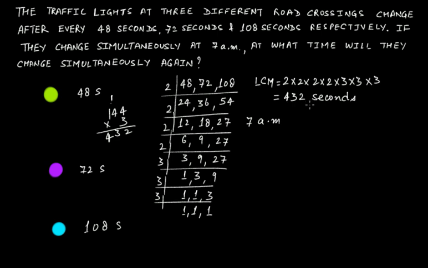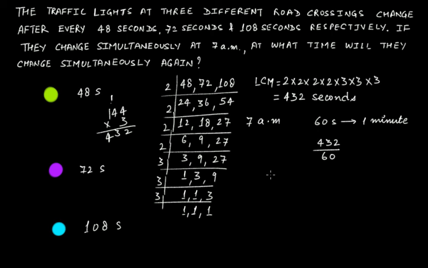Okay, if you convert 432 seconds into minutes, in 60 seconds you have 1 minute, so you divide 432 by 60. This will give you the number of minutes.